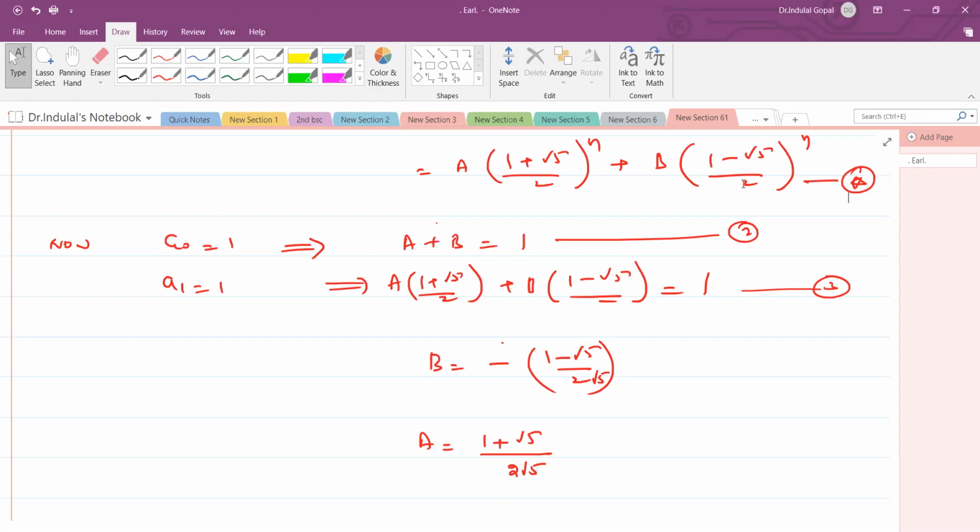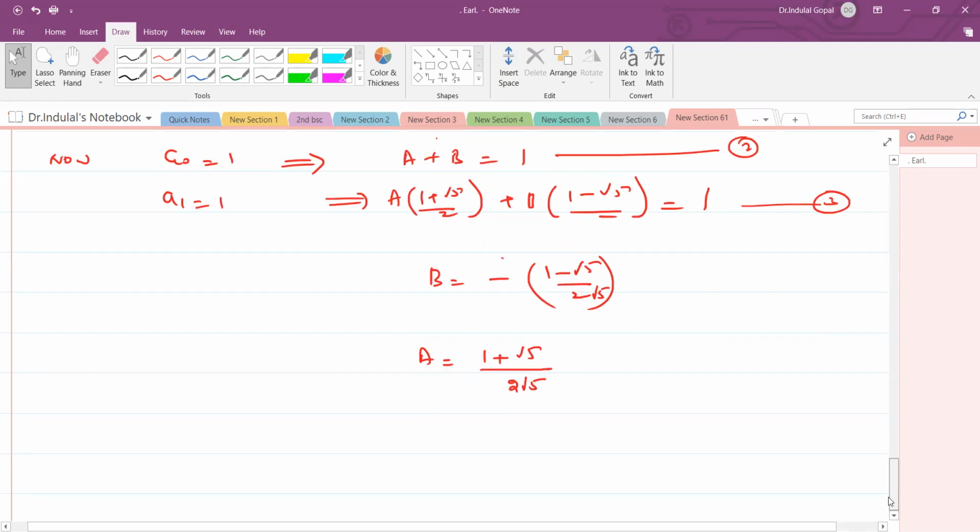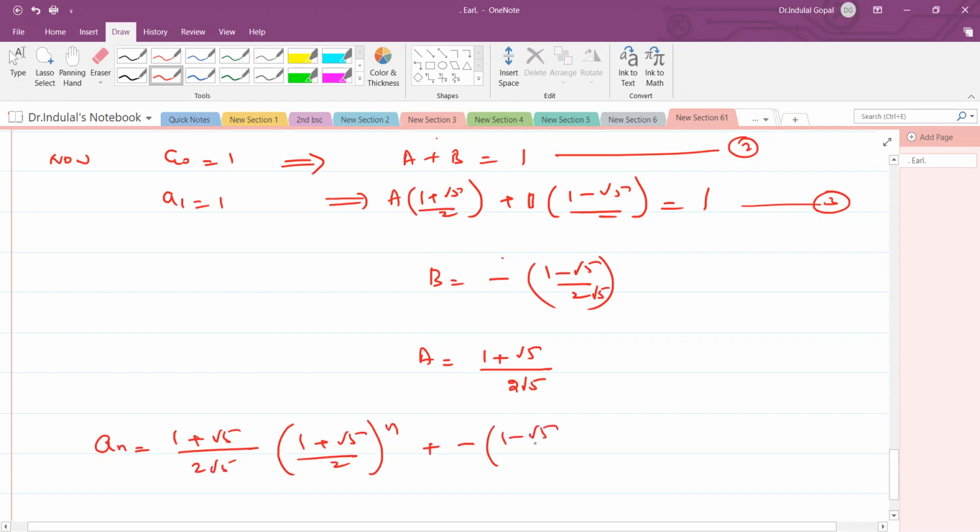We have a_n equal to A into (1 plus root 5 by 2) raised to n. We get the general solution as a_n equal to (1 plus root 5) by 2 root 5 into (1 plus root 5 by 2) the whole raised to n plus minus (1 minus root 5) by 2 root 5 into (1 minus root 5 by 2) the whole raised to n.